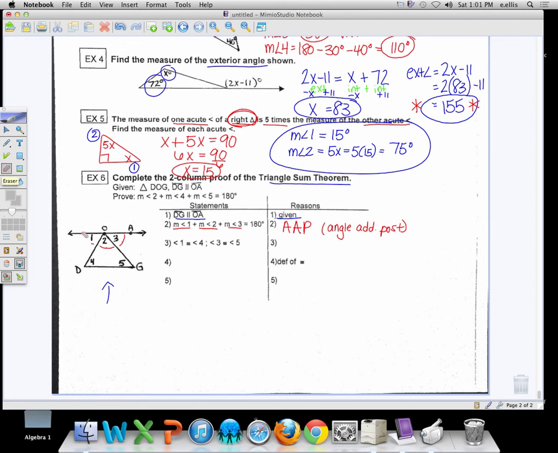Now, number 3 is saying that angle 1 is congruent to angle 4, and angle 3 is congruent to angle 5. Let me erase my marks here so we don't get confused. Okay, let's show these in here. Angle 1 and angle 4. Okay, they're saying that those two are congruent. Let's give them matching marks. Well, they are between our given parallel lines.